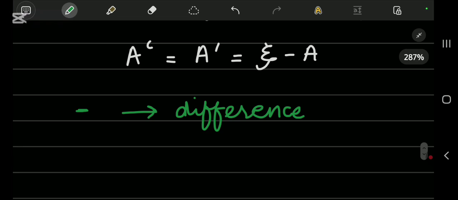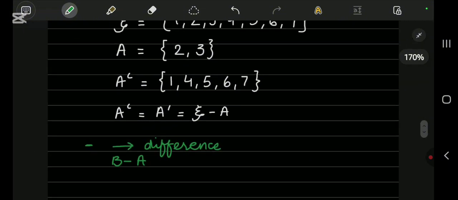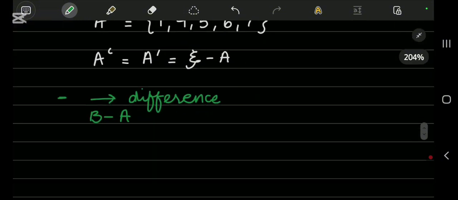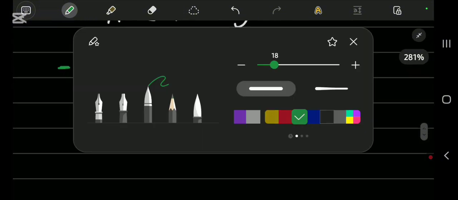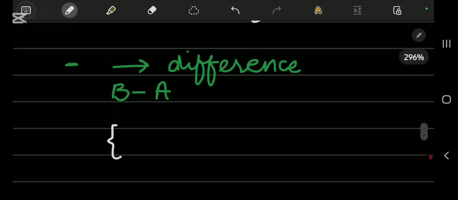This is similar to the NOT thing. If we have B difference A, that means we omit all the elements that are in A, and we just write the leftover elements of B. So B minus A would be, let's take an example.